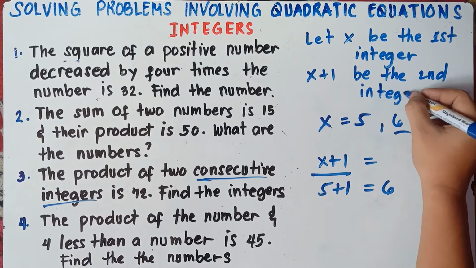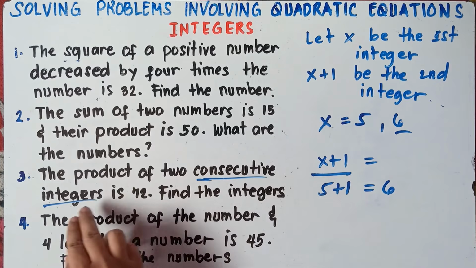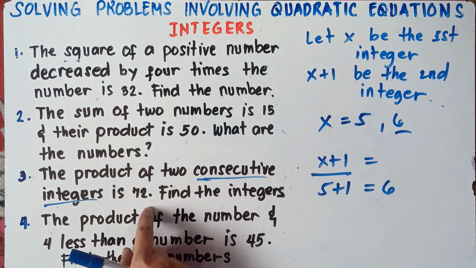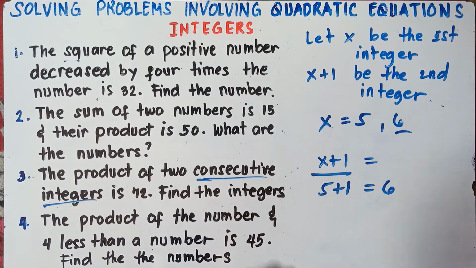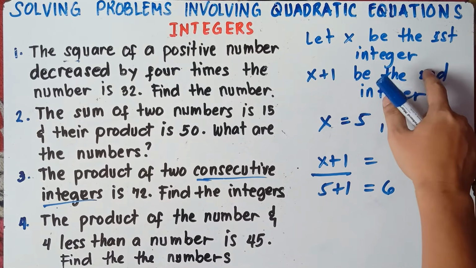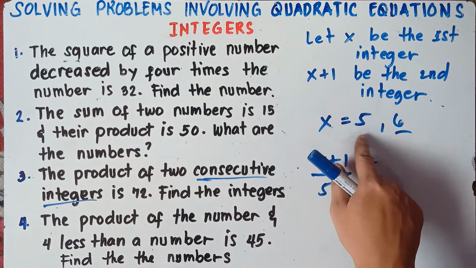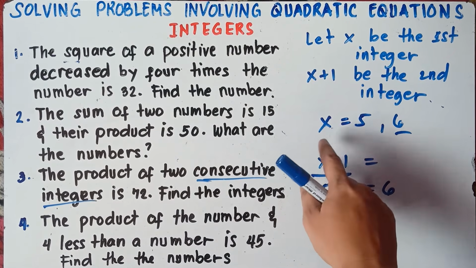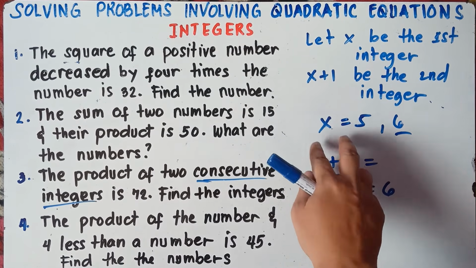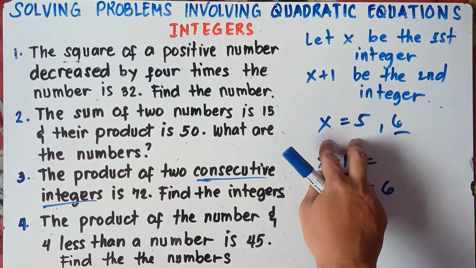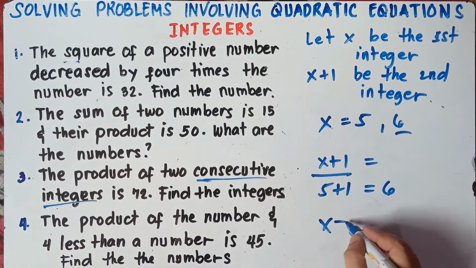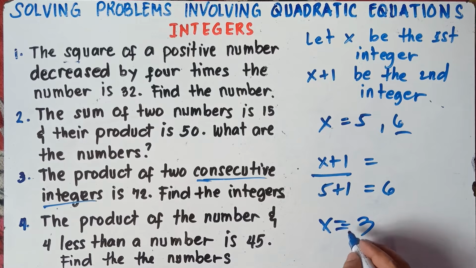Alright, so I hope you get this one, class. The product of two consecutive integers is 72. You're told to find the integers. Since we don't know the integer, let x be the first integer. You can actually use any number, class. It depends on you. If your x is 3, what would be the next number for 3?